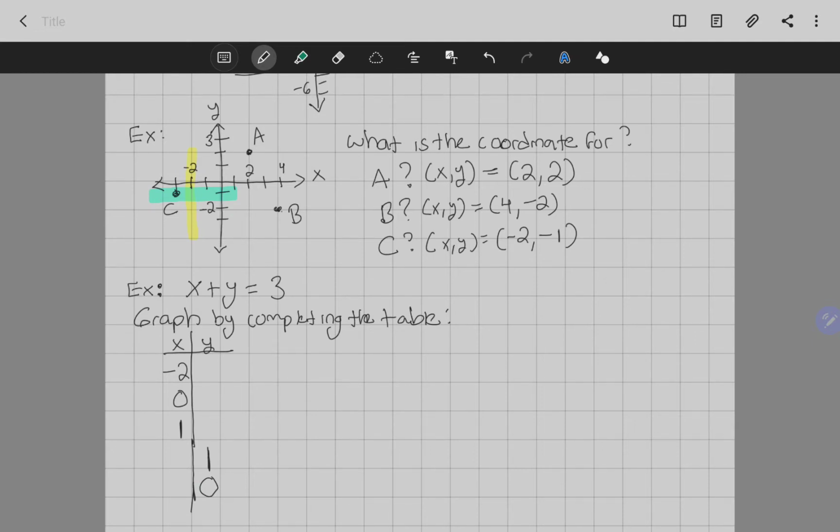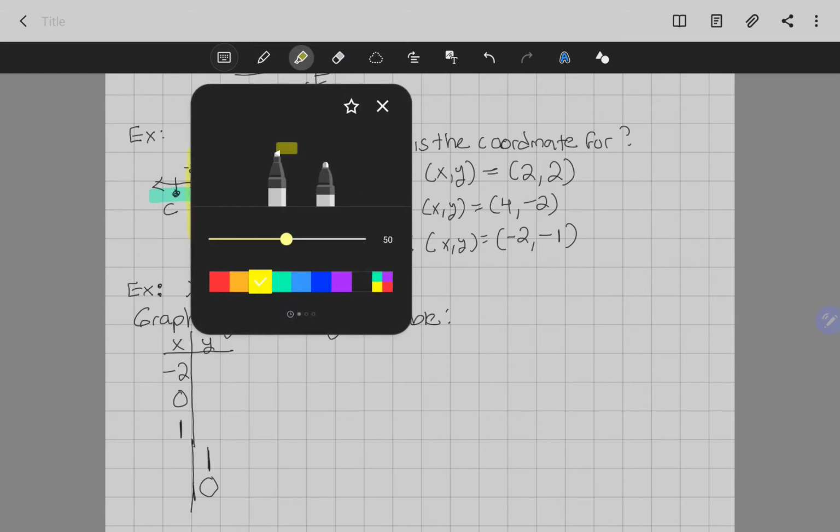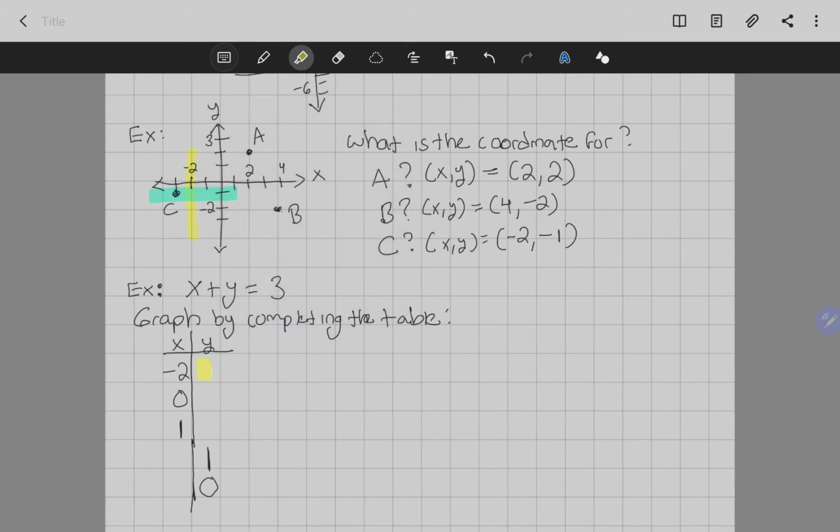In this case, the things that we're looking for are this y, this y, and this y. So we're looking for y in 3 instances, and we're looking for x in 2 of those instances.